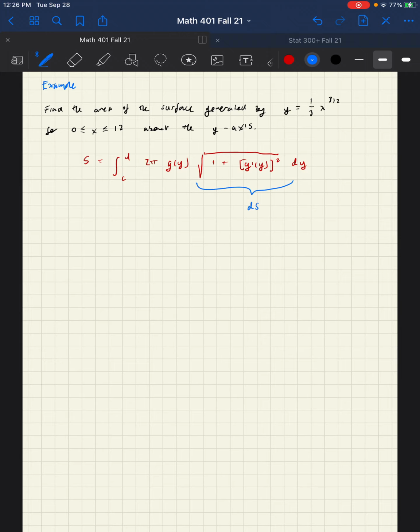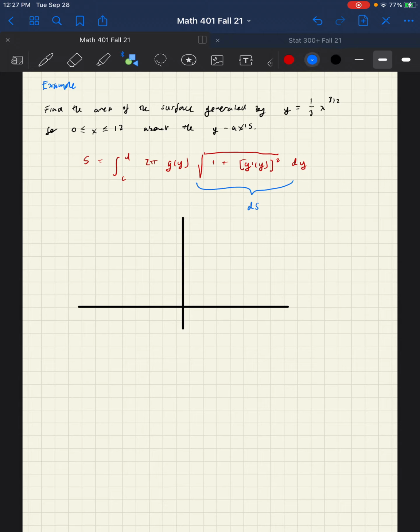Of course, this piece right here is the same as ds, except with respect to y. Sorry, I just got confused there for a second, but this is a rotation about the y-axis.